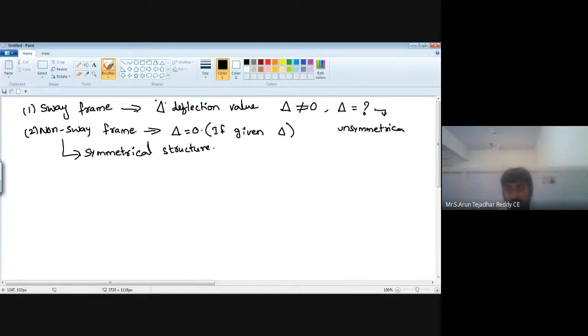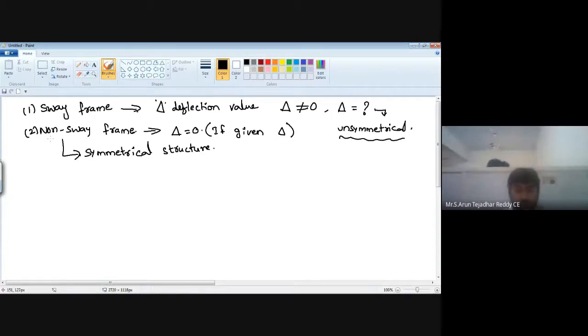You can name it as unsymmetrical structure, or unsymmetrical loading, unsymmetrical support, unsymmetrical vertical member length, whatever it may be. If the condition is unsymmetrical, then it is a sway frame. And if it is symmetrical, then it is a non-sway frame. Sway frame, non-sway frame, okay.